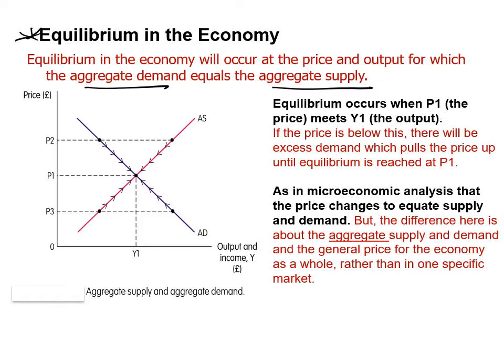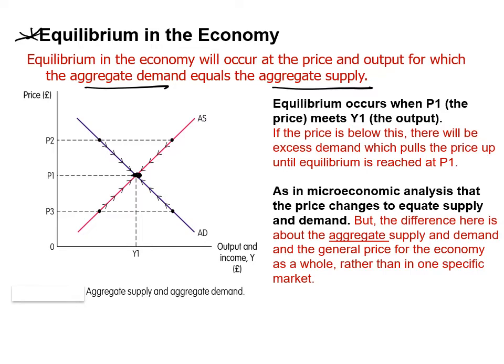The only difference is that here we are dealing with the aggregate supply, the aggregate demand, and the general price level for the whole economy as a whole, rather than the supply, demand, and price for just one specific market. So equilibrium will occur where our price and output meet, and everyone's happy.